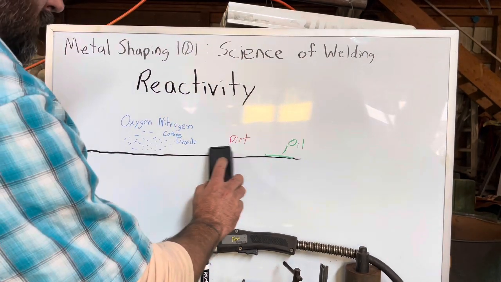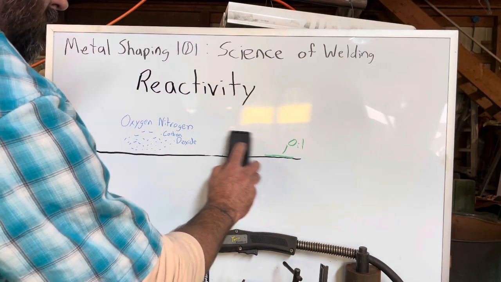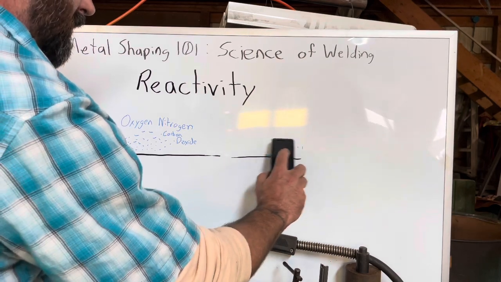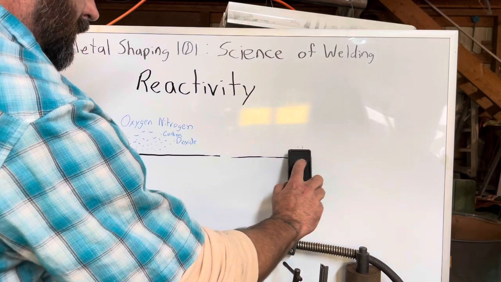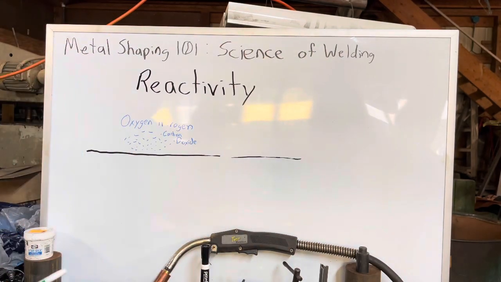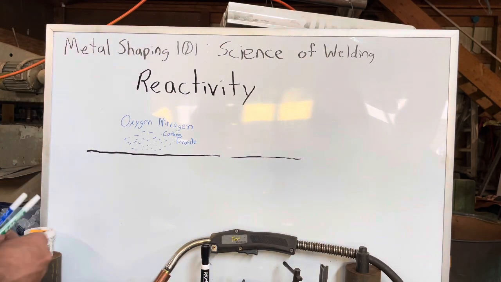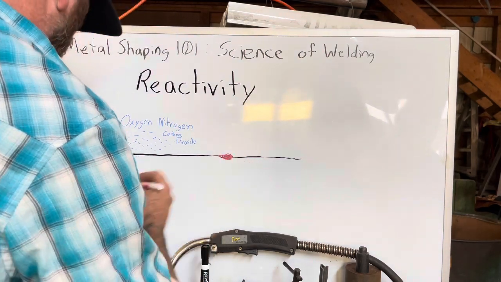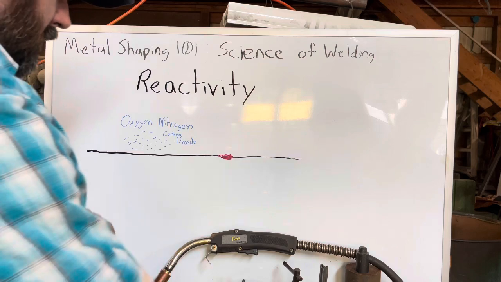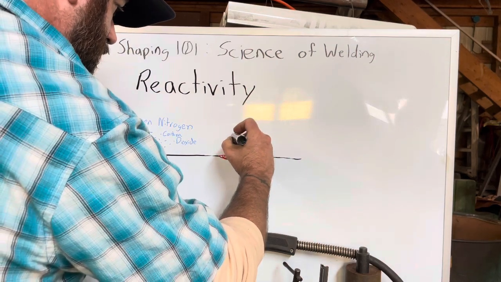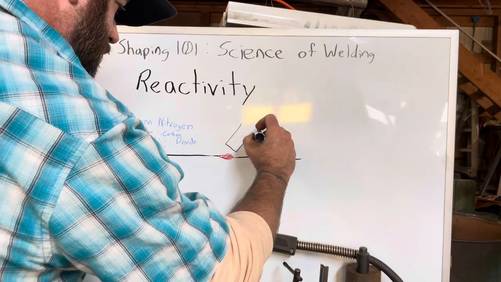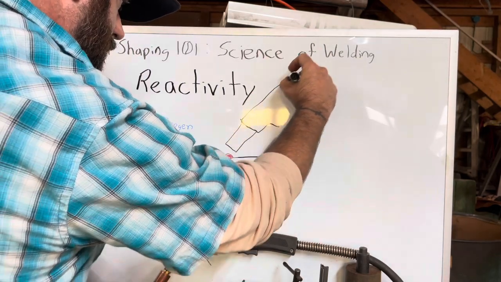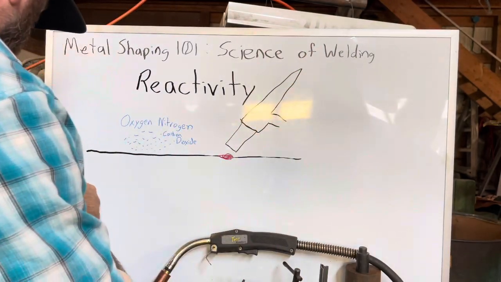So we know we can clean up our dirt. We took a little bit of denatured alcohol and got rid of our oil. But now we're coming in, we've got our hot puddle here. We're going to do a TIG torch. Here we go.